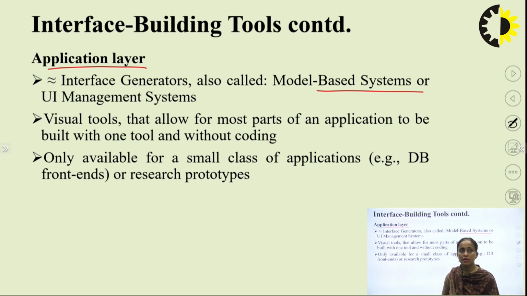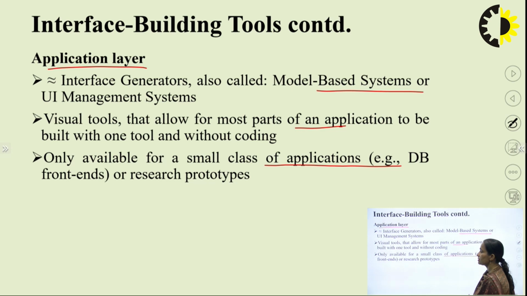These are visual tools that allow most of an application to be built as one tool, or we can use it without coding. They are only available for a small class of applications, means DB front ends or research prototypes.